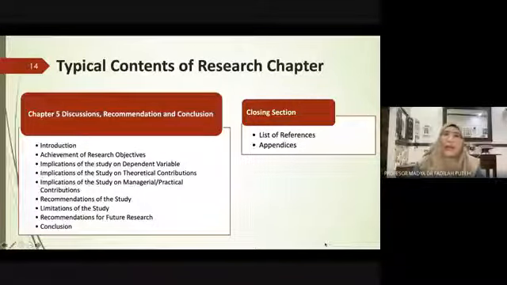And then once you have done chapter 5, you have the closing section in which you have to have the list of references. Make sure that the list of references is the same as what appears in your thesis and vice versa.